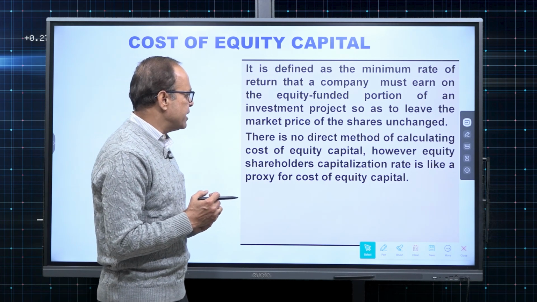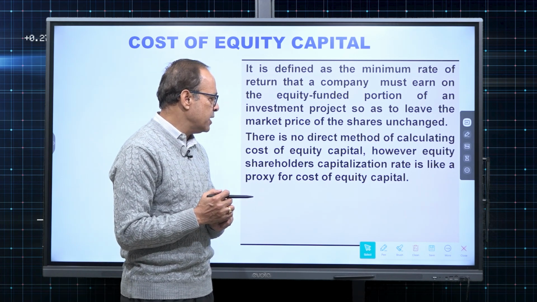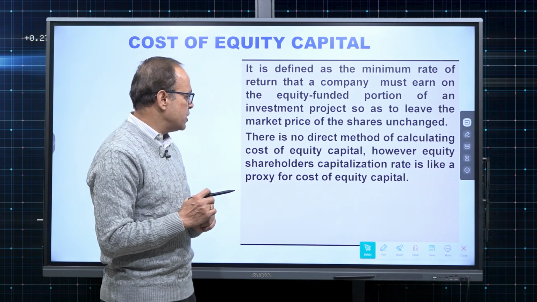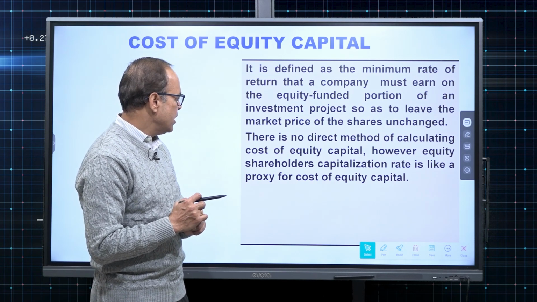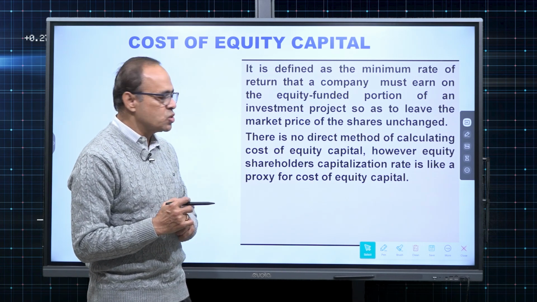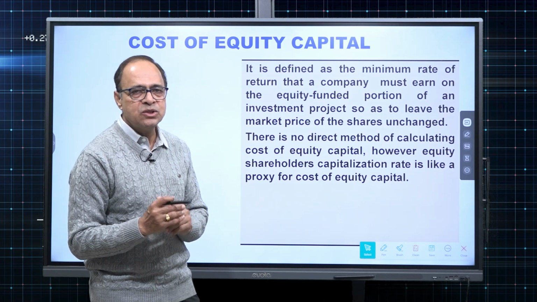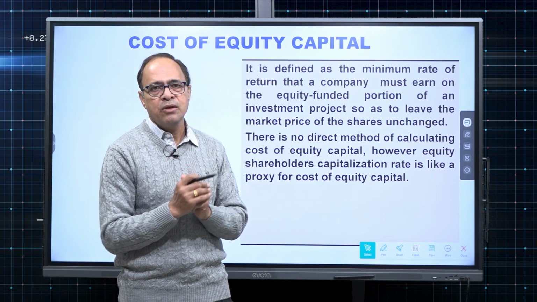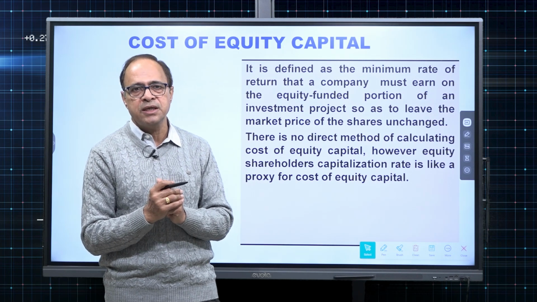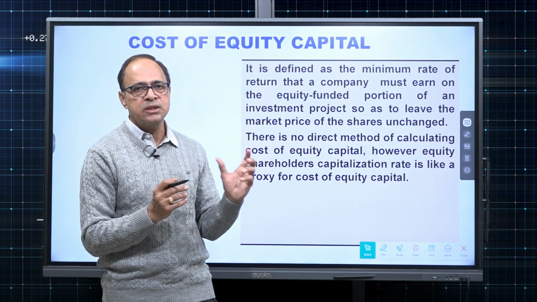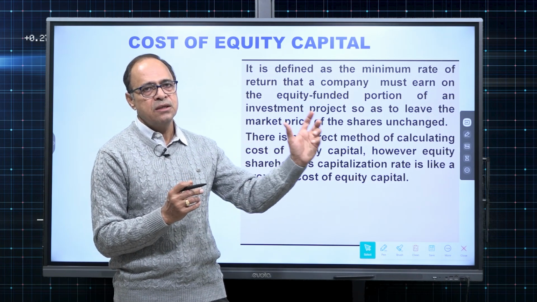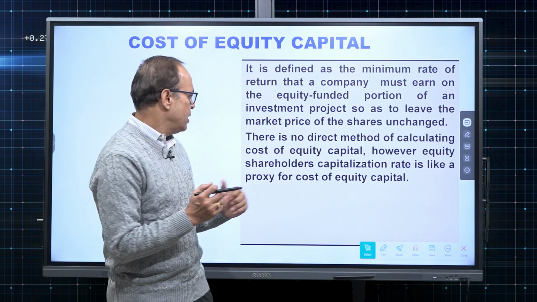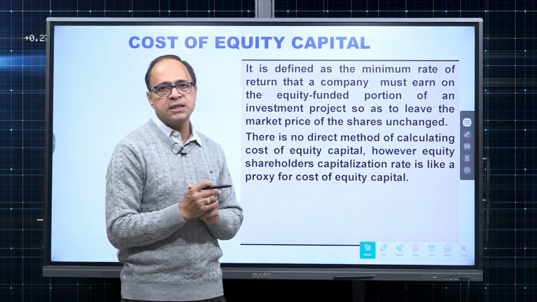There is no direct method of calculating cost of equity capital. However, equity shareholders' capitalization rate is like a proxy for the cost of equity capital. That means to say, in an implied manner or indirectly, we can calculate cost of equity share capital by taking into consideration investors' expectation or investors' capitalization rate.